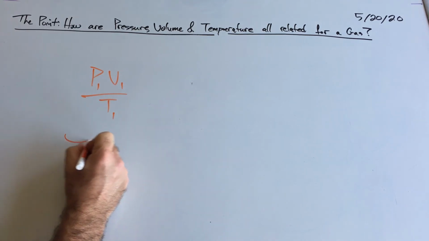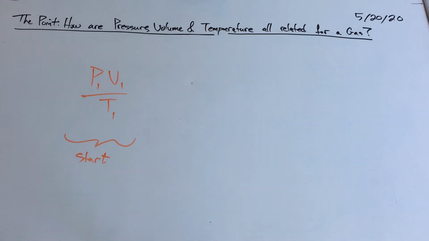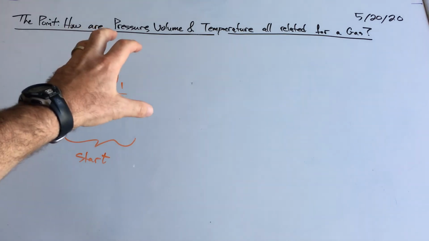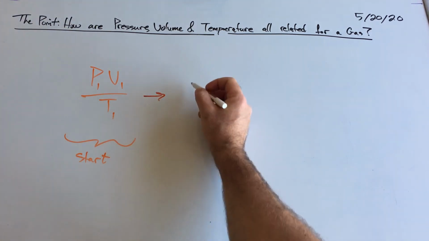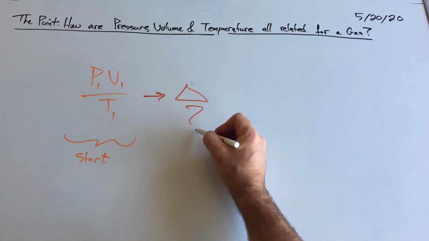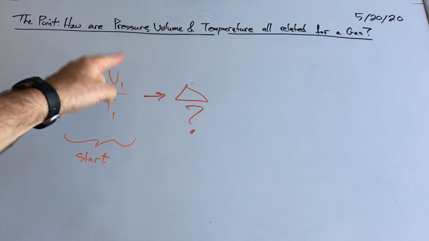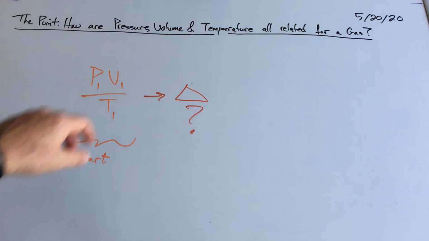So this here is at the start. We can measure the pressure, we can measure the volume, we can measure the temperature of a gas at the start. Then we change something. Something changes. What changes? I don't know. We increase the pressure, we lower the volume, we increase the temperature, we just muck with one of these.